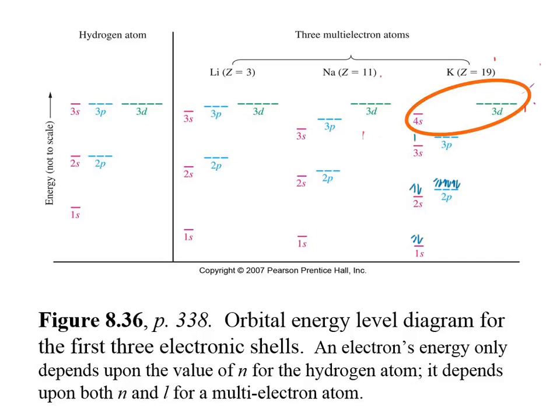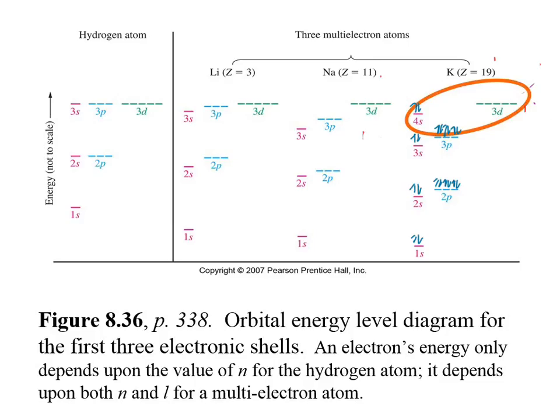The next 2 go here. The next 6 go here. Oops, I get sloppy here. So we've got 12. I better slow down here. 12, 13, 14.